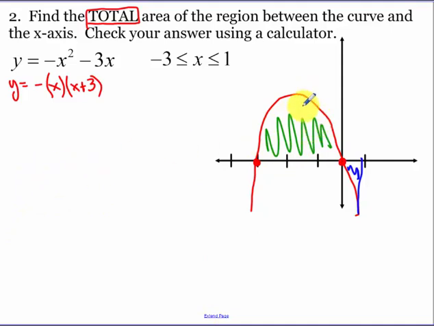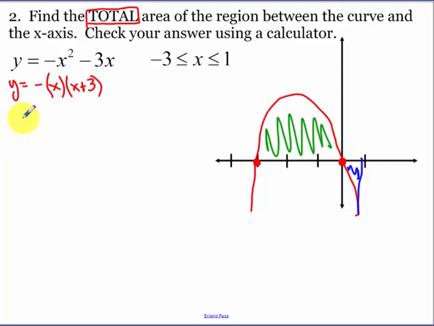Now the green area is positive. The blue area we know because it's below the x-axis is negative. But when I'm looking between the curve and the x-axis, and it says the word total, that means that I have to think about this as a positive area. So let's worry about finding that green area first.